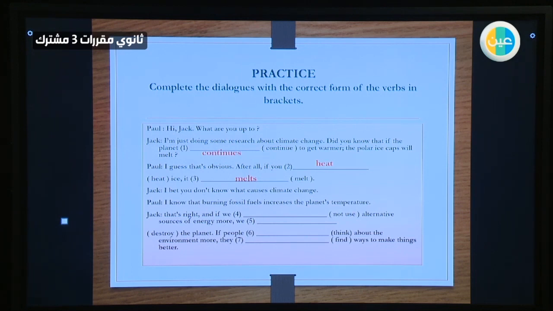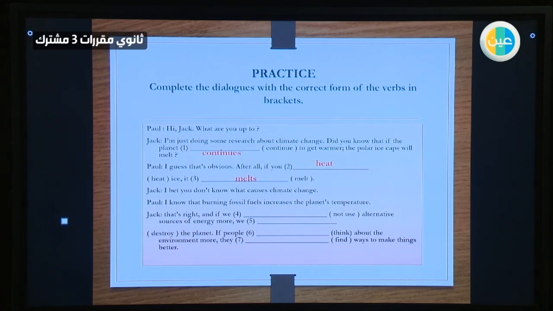So if present here. Jack, I bet you don't know what causes climate change. Paul: I know that burning fossil fuels increases the planet's temperature. Jack: That's right.